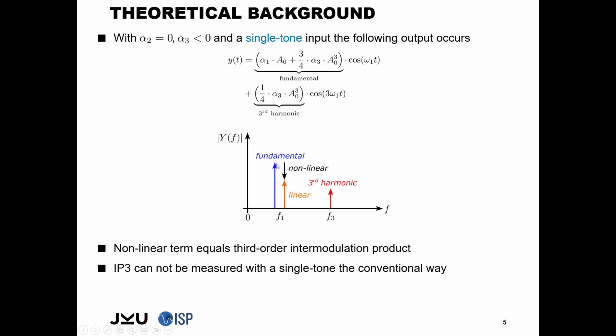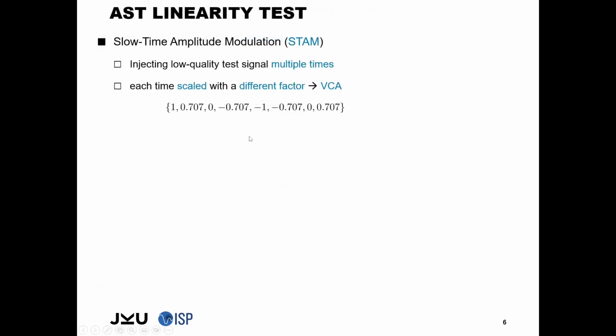So if we are measuring the power of the fundamental, we cannot distinguish between the linear and the nonlinear power level, and can therefore not calculate the IP3 value. But with the AST linearity test, this is also possible, as it will be shown afterwards.